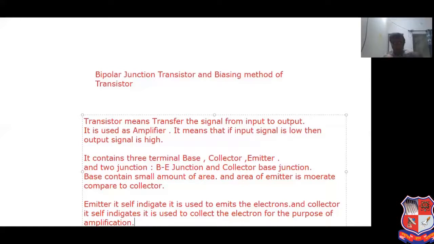Be careful in preparing, based on that there can be lots of MCQs asked. What is the meaning of collector? Collector is used to collect the electron for the purpose of amplification. Emitter itself indicates it is used to emit the electron, and collector itself indicates it is used to collect the electron.